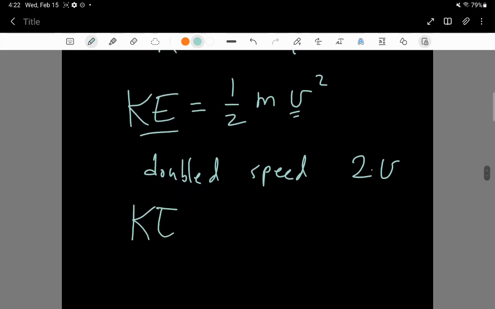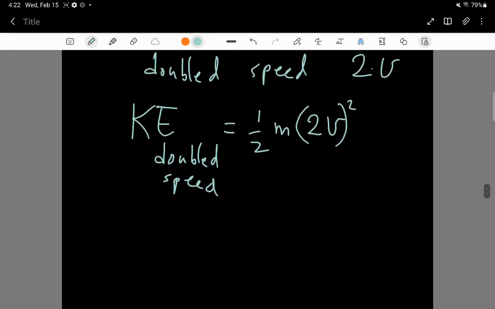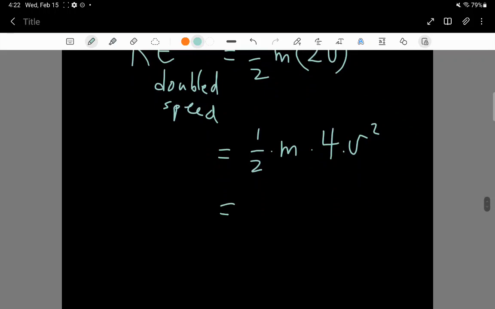And the kinetic energy with a doubled speed is equal to 1/2 m twice v all squared. And when you calculate this, this is 1/2 m 4v squared, right? All multiplied. And this is equal to 4 times 1/2 mv squared.